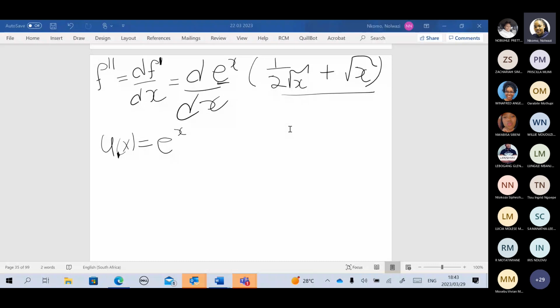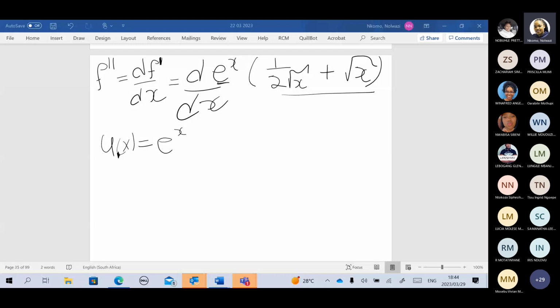Right. I was saying now we want to find the second derivative by differentiating the first derivative. The first derivative is e to the power x into 1 over 2 root x plus root x, right? And you see, this is the product of two functions, meaning we have to use the product rule here to find the second derivative.